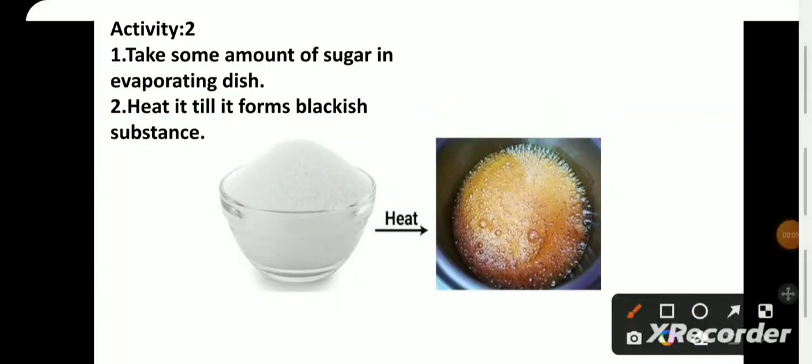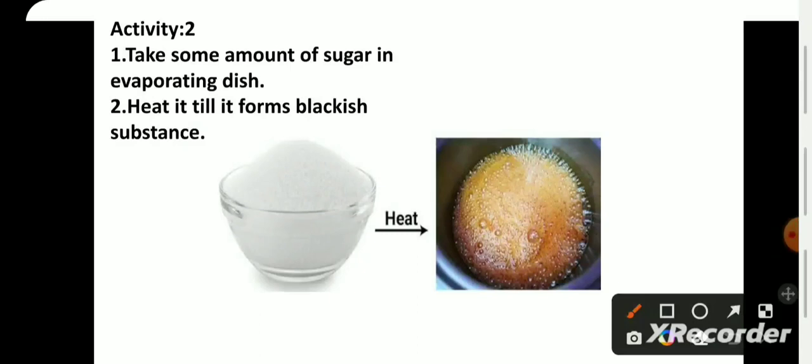Now let's perform activity 2. In this activity, you just have to take a small amount of sugar in an evaporating dish. Heat it till it becomes a blackish substance. As soon as you start heating sugar, it will begin to melt.